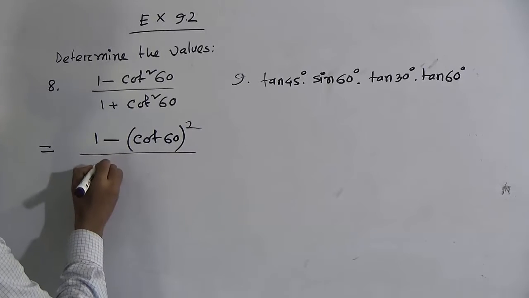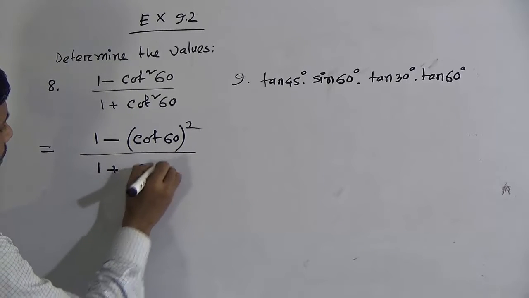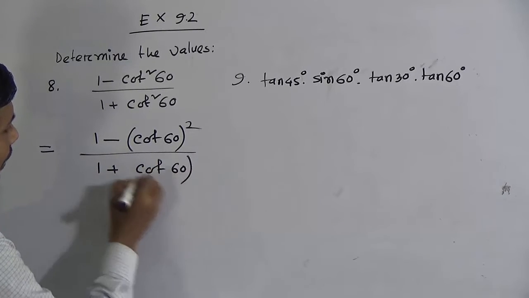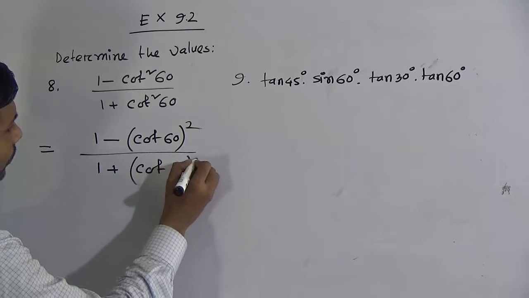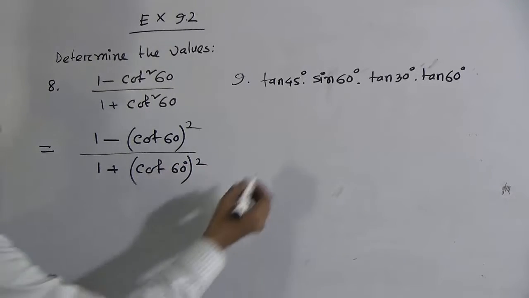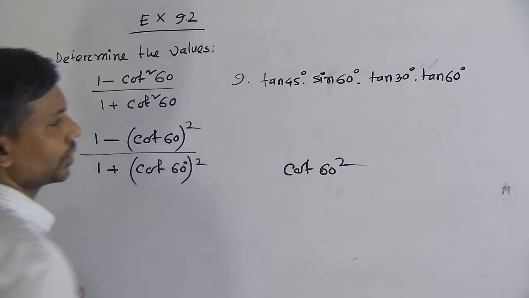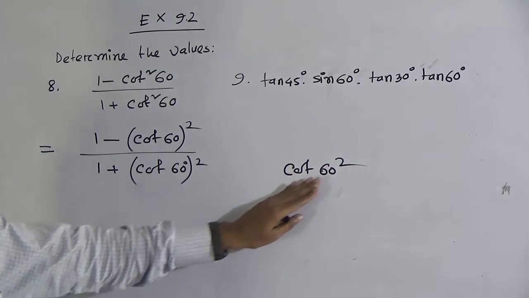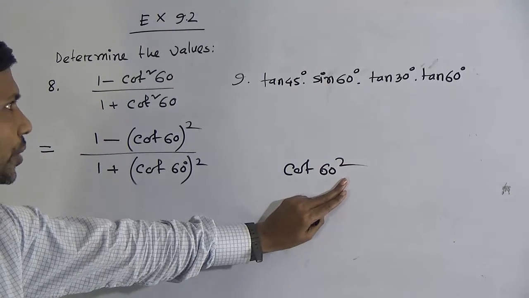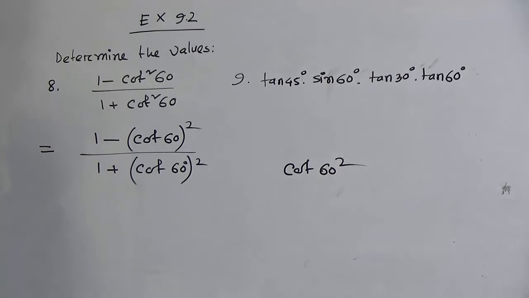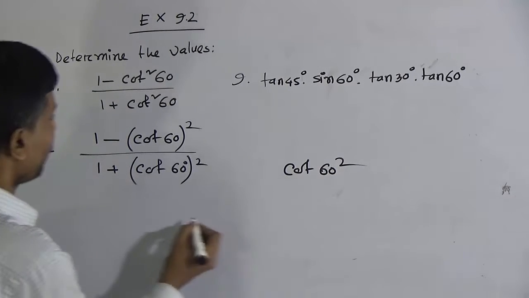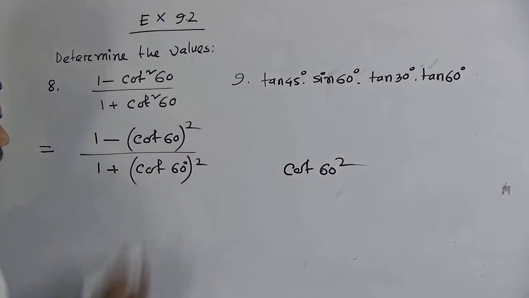Student, remember, don't write it this way, cot 60 degree square. You have to write cot 60 degree and whole square.